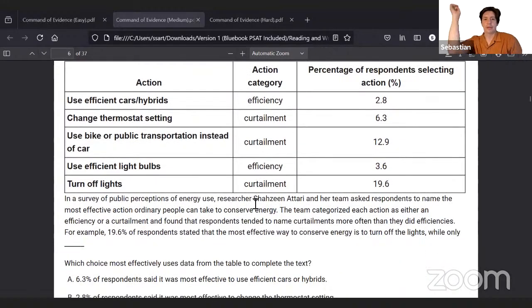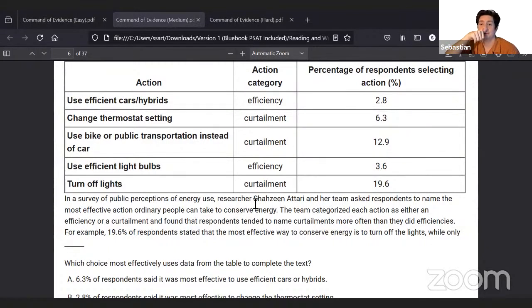In a survey of public perceptions of energy use, researchers Shahzeen Attari and her team asked respondents to name the most effective action ordinary people can take to conserve energy. The team categorized each action as either an efficiency or a curtailment and found that respondents tended to have named curtailments more often than they did efficiencies.